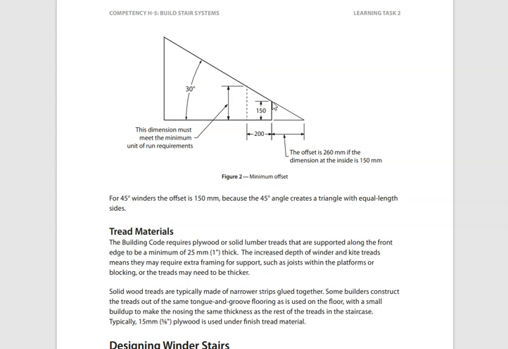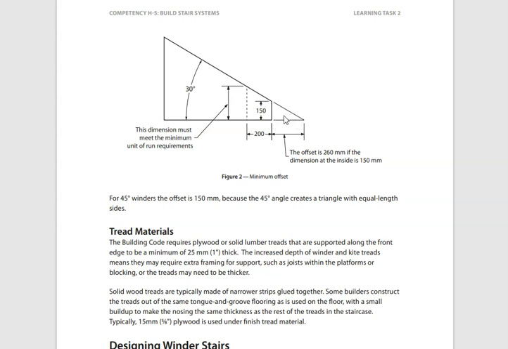And if we have 150 millimeters for the tread at the inside, this offset distance has to be 260 millimeters. It's based on the trigonometric ratio of the 30 degree angle and the 150 millimeter minimum. So that on a set of 30 degree winders, that's always 260 millimeter offset.